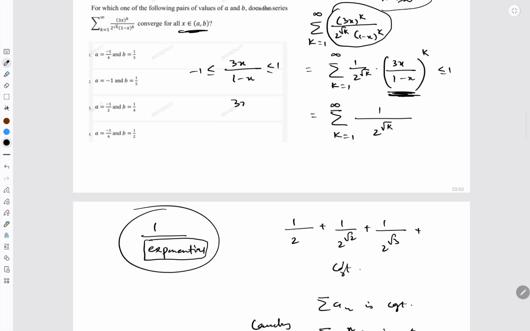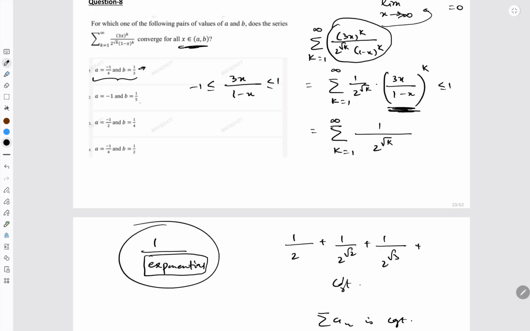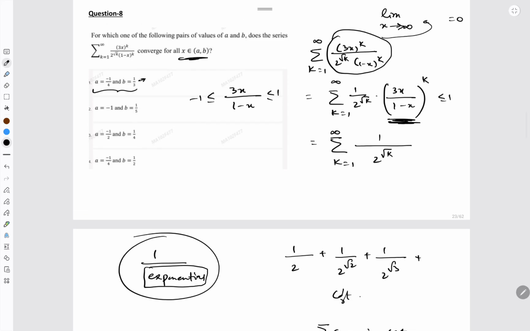So if I solve this inequality, in all of these options one thing is clear: x is always less than 1, so this term will be positive already. I can directly multiply it without worrying about signs.